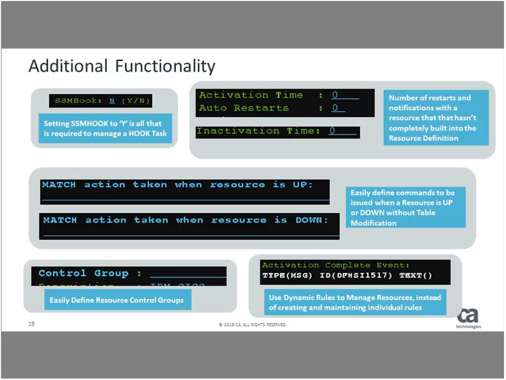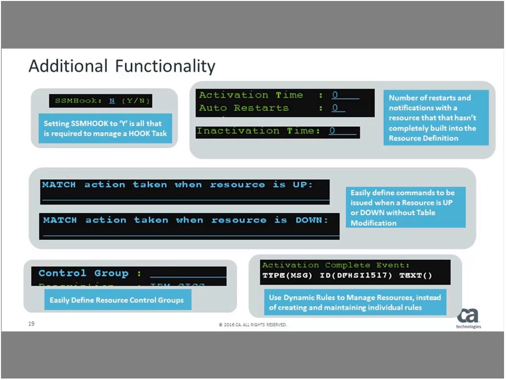Okay, the next one is this activation time, inactivation time, and restarts. This is another sample that we had shipped out called SSM retry. We've taken that, we've gotten rid of the need to use that, and now there's just a couple params here.